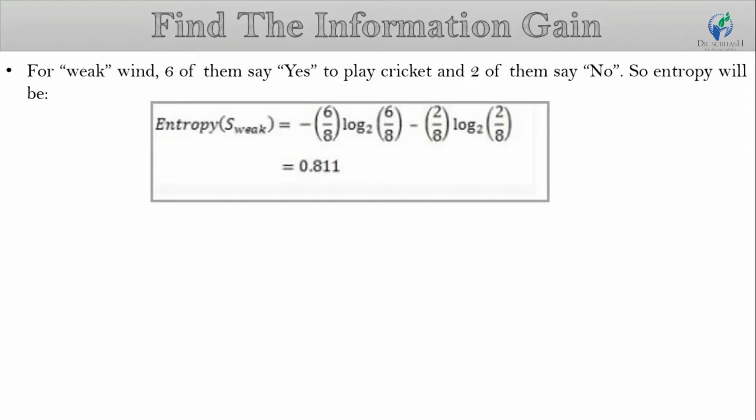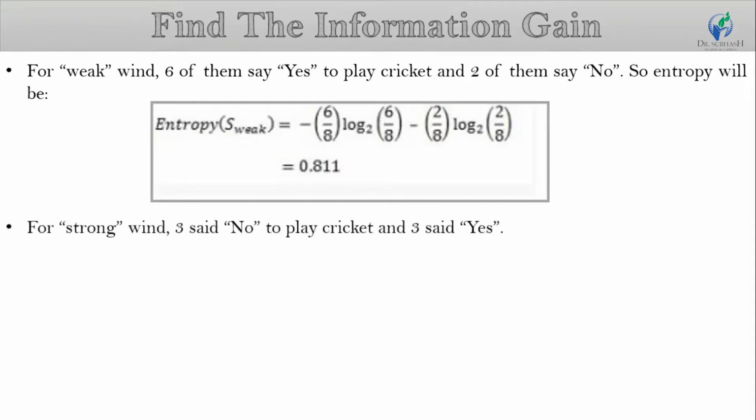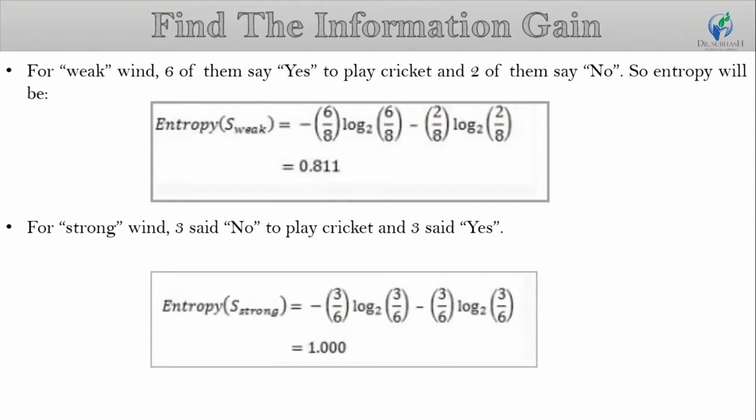Now we find it for strong wind. For that, 3 said no to play cricket and 3 said yes. Now put these values in the equation. So entropy of strong is equal to minus 3 divided by 6 log 2 of 3 divided by 6, minus 3 divided by 6 log 2 of 3 divided by 6.